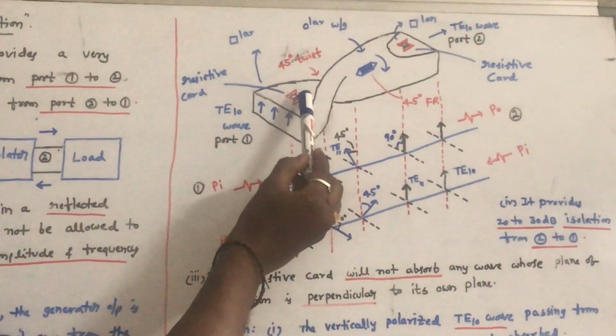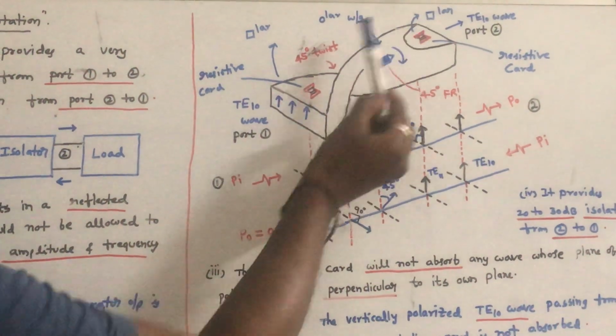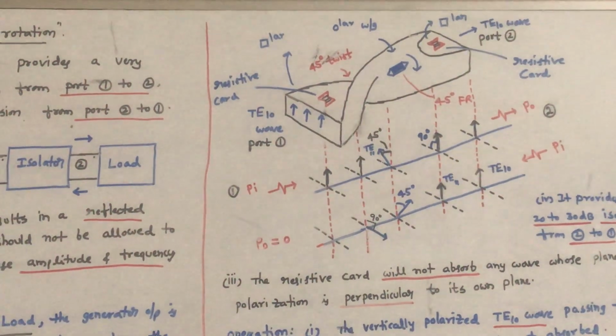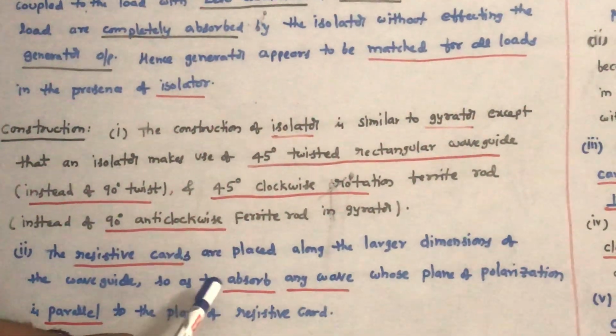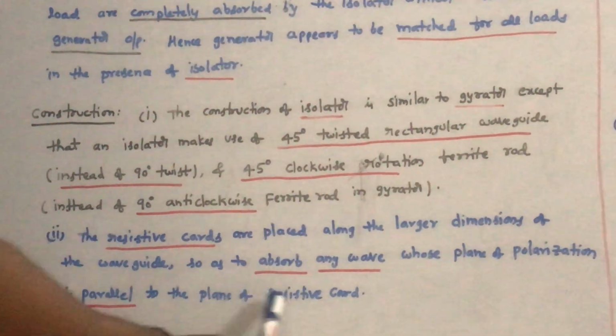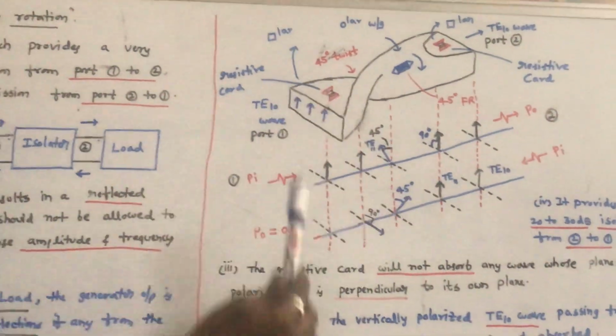These two resistive cards are placed at port 1 and port 2. Their purpose is to absorb any wave whose plane of polarization is parallel to the resistive card. If it is parallel, they will absorb the power.